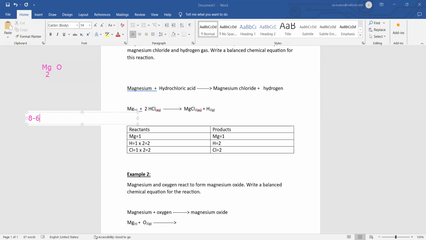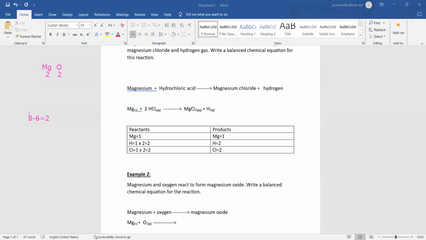In this case, the group number for oxygen is 6. 8 minus 6 gives you 2. So the valency for oxygen is 2. If you don't remember the table, but you can remember the group number, take 8 minus the group number and you will get the valency.